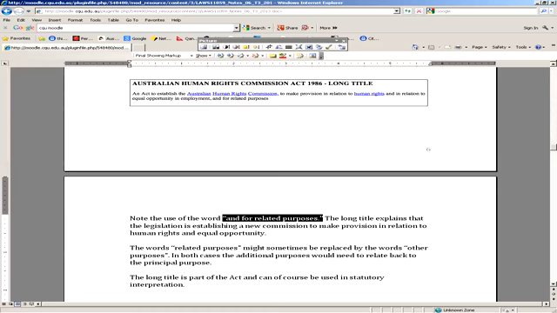So it's expansive in that sense. It's not narrow in the way that it defines what the Act does. It explains the legislation, and it says that there are potential circumstances where the legislation can do things that aren't just about creating a commission and aren't just about human rights in relation to equal opportunity in an employment situation.